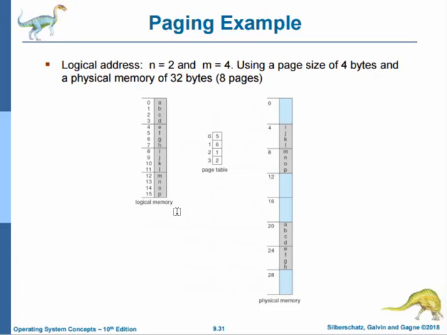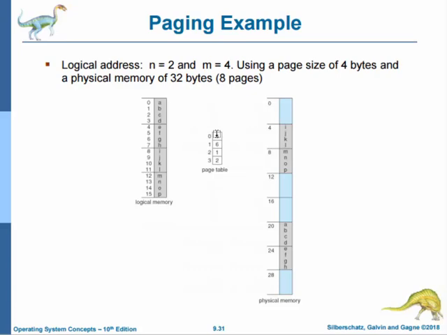Logical address 0 is in page 0, with offset 0. Indexing into the page table, we find that page 0 is in frame 5.